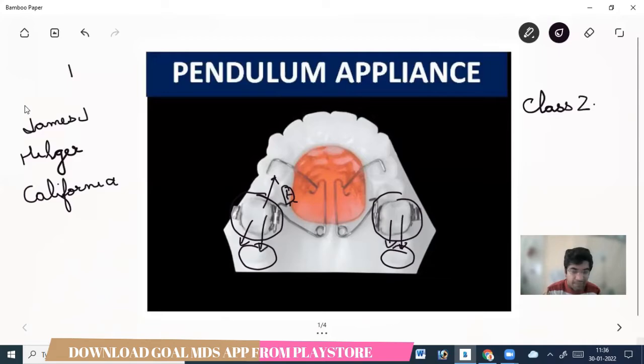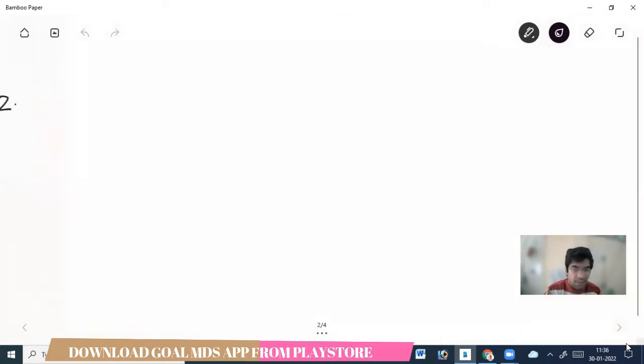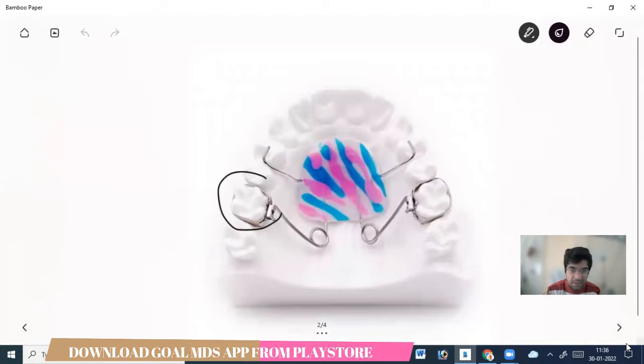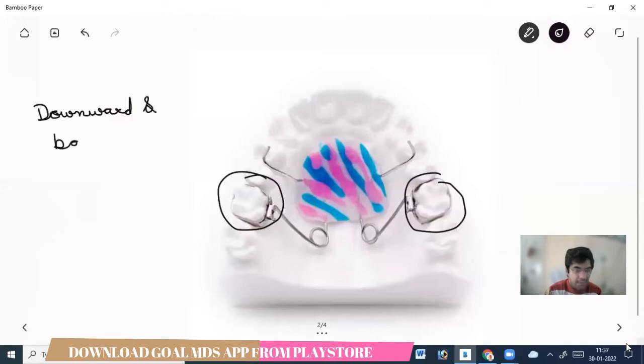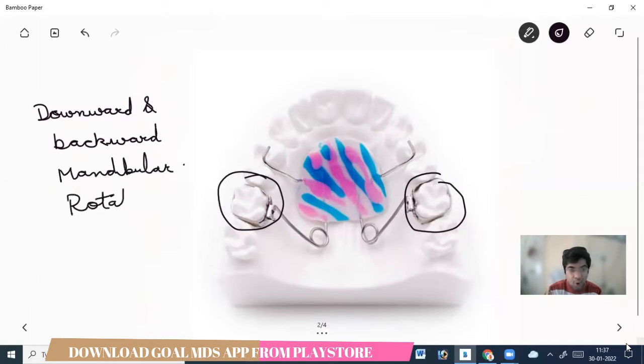Along with that, what you will see is that the distalization will cause downward and backward mandibular rotation, that occurs in the clockwise direction.